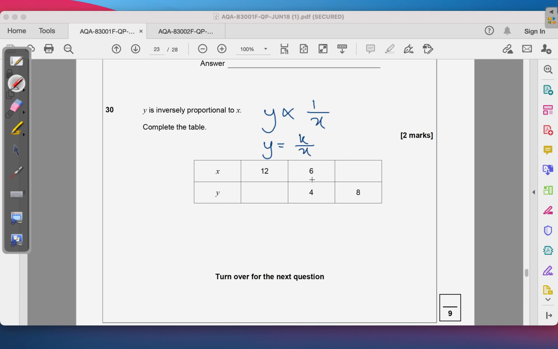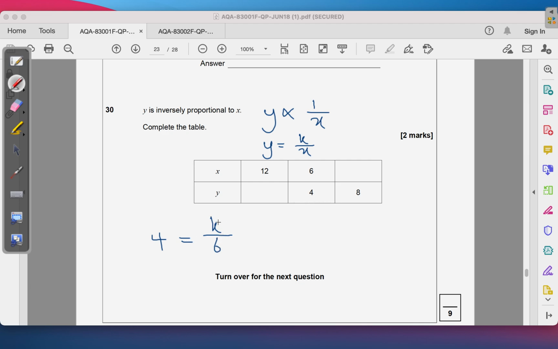Okay, now because we've been given two values here, we can work out what this k is. Okay, we can say, well, we know that y is 4. We don't know what k is, but we know that the x is 6. So we know that 4 is equal to k divided by 6.